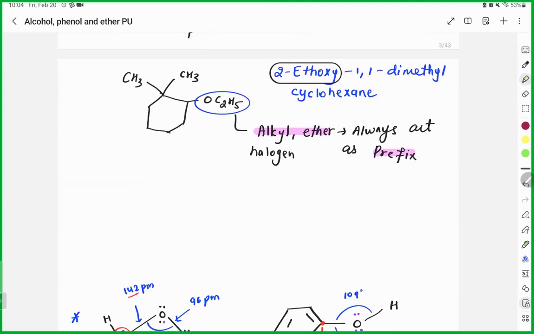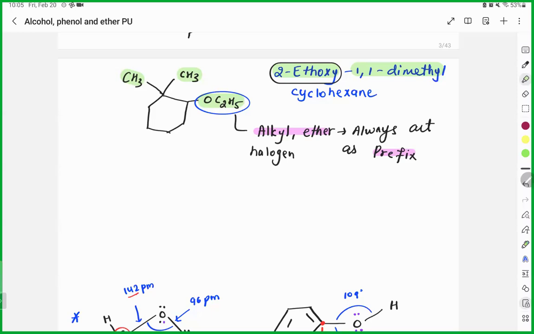Last, if you see one side you have methyl, another methyl, and another ethoxy. Correct? So two will be ethoxy, then one dimethyl side. Okay? Because you know alkyl, ether and halogen act as prefix always.